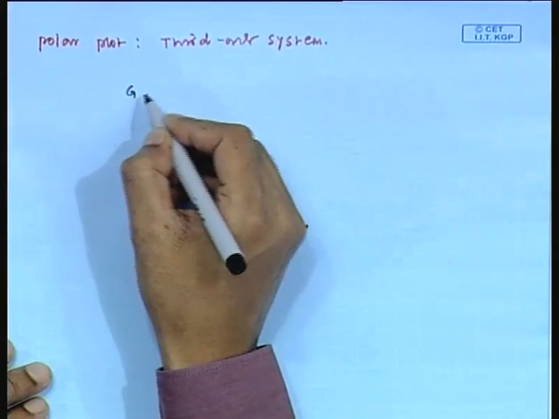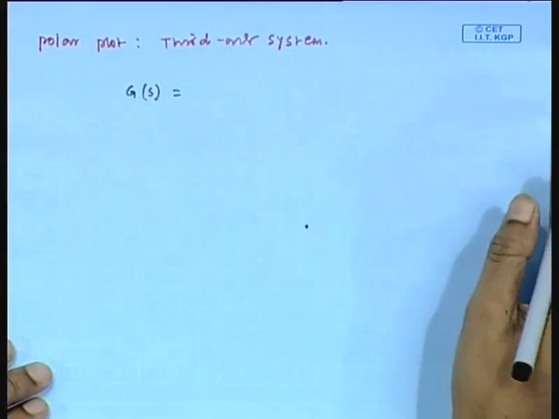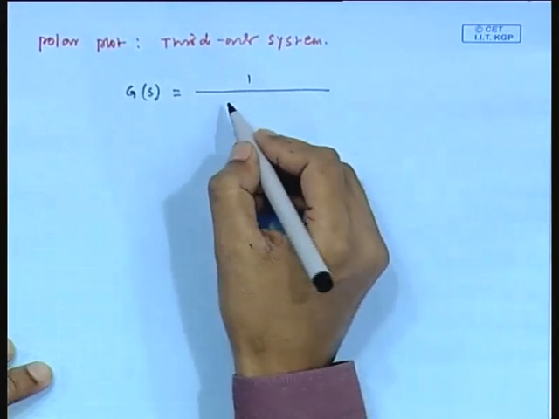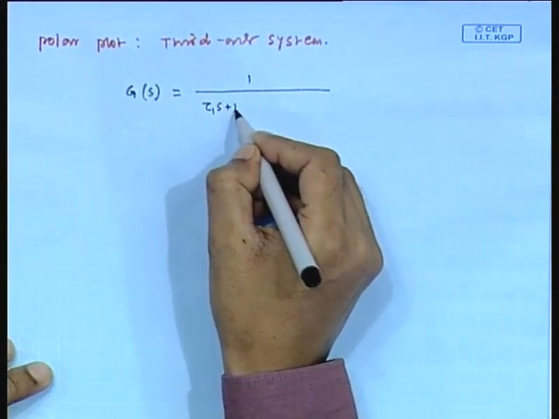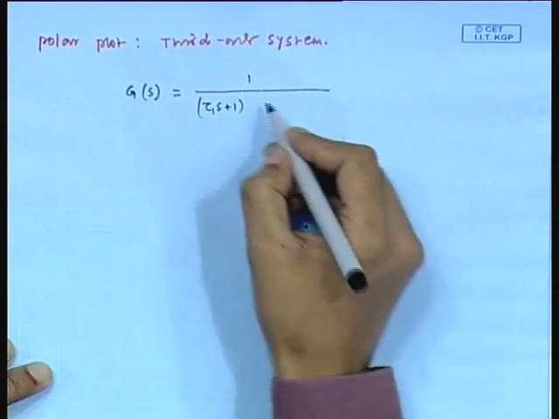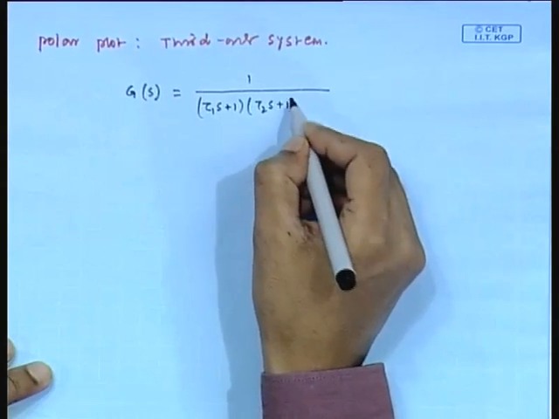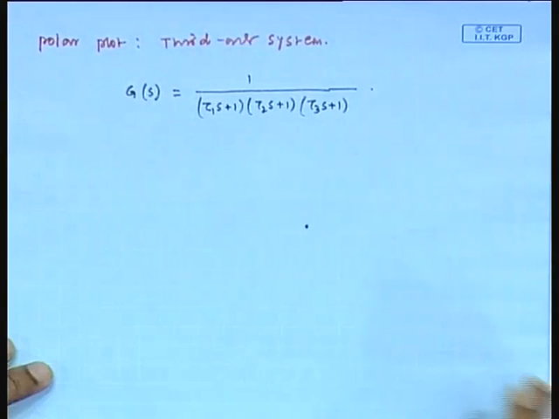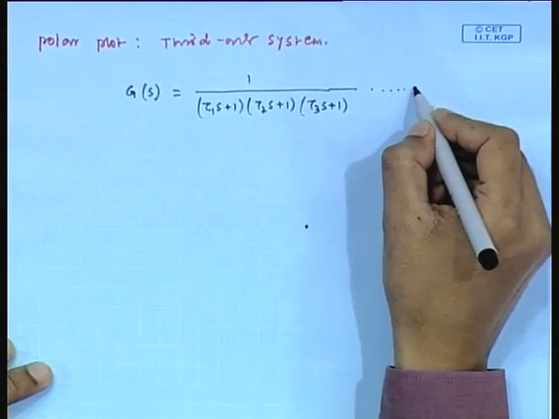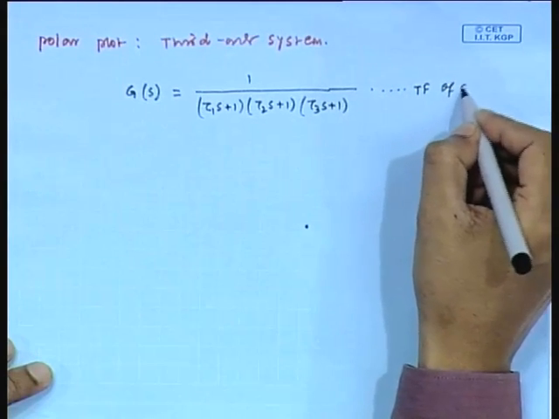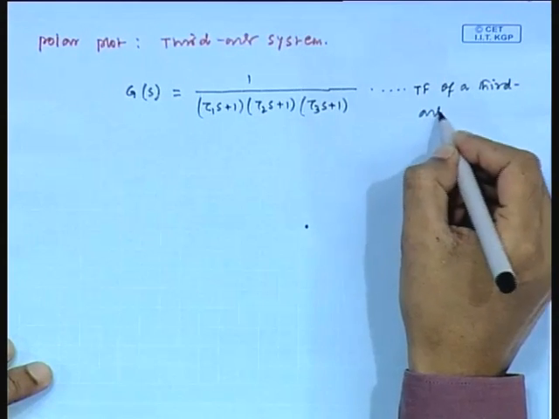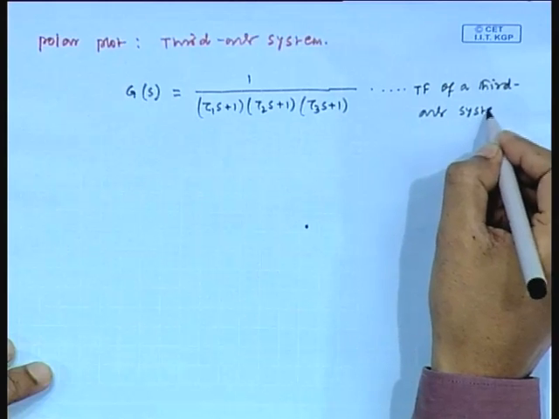The transfer function of a third order system can be written as 1 divided by tau 1 s plus 1, tau 2 s plus 1, tau 3 s plus 1. Fine. This is the transfer function of a third order system.